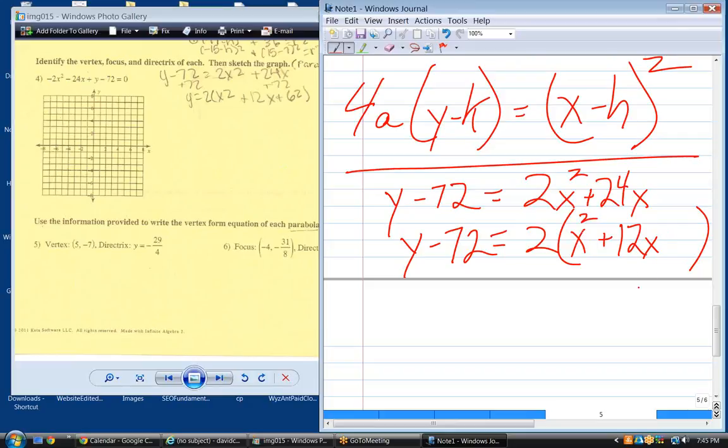Now, how do I complete the square inside the parentheses? Now I'm ready to do that. Hold on, how do you complete the square?